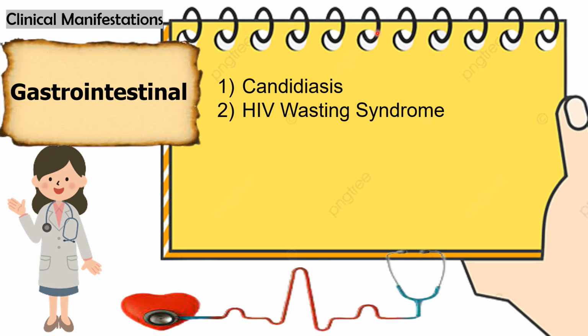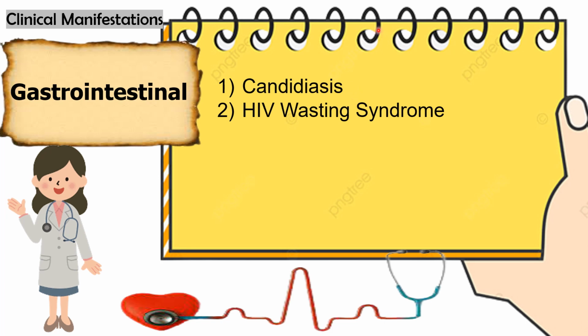So the gastrointestinal manifestations of HIV infection and AIDS include loss of appetite, nausea, vomiting, oral and esophageal candidiasis, and chronic diarrhea, as well as HIV wasting syndrome. So the gastrointestinal symptoms may be related to the direct inflammatory effect of HIV on the cells lining the intestines.